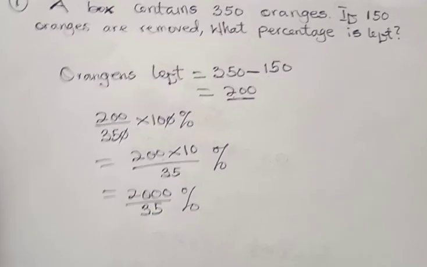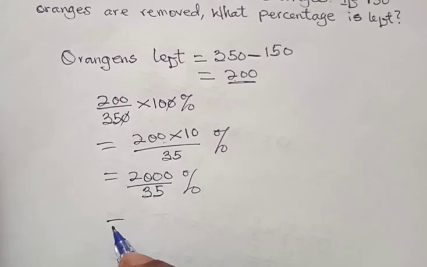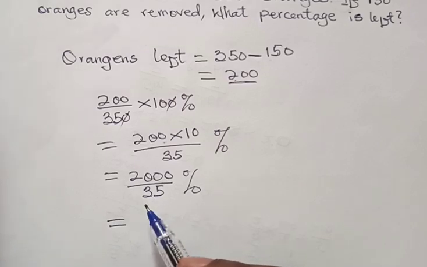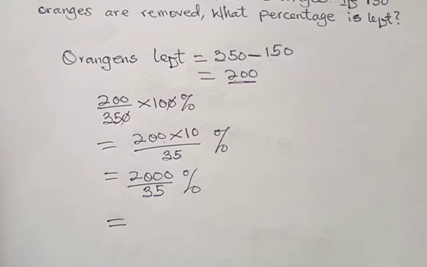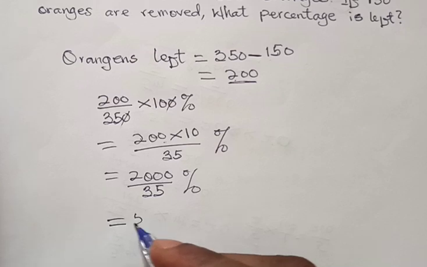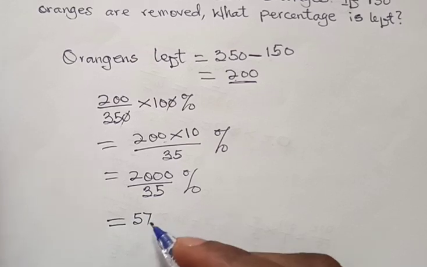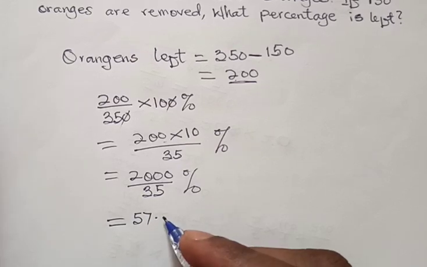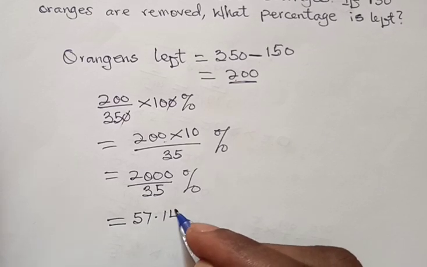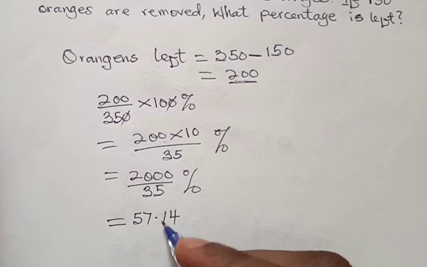All right, good. So what will be our final answer? What is 2,000 divided by 35? This gives me 57 point. Now I'm going to approximate this to two decimal places. So for two decimal places, I will have 0.14.